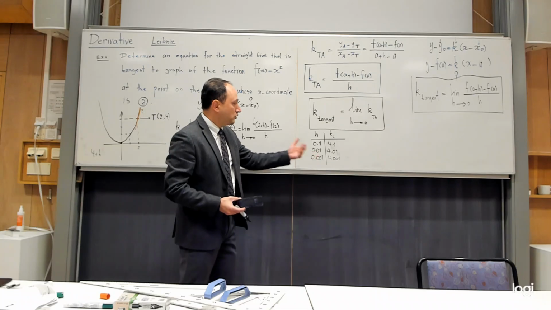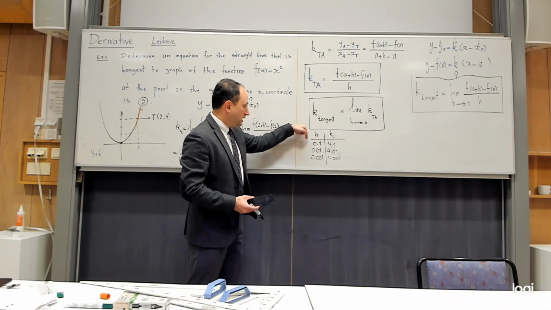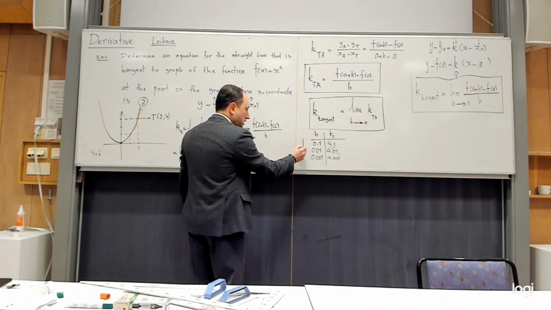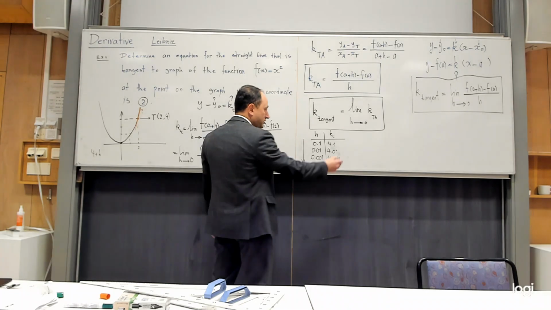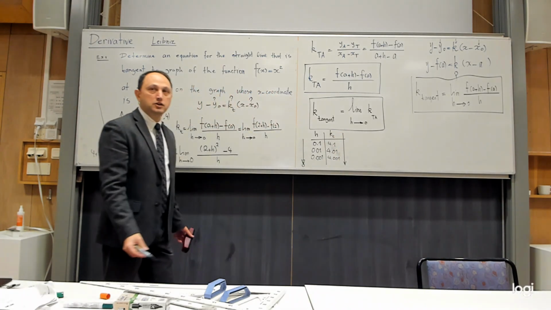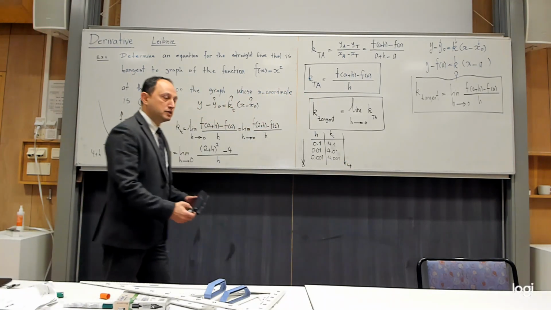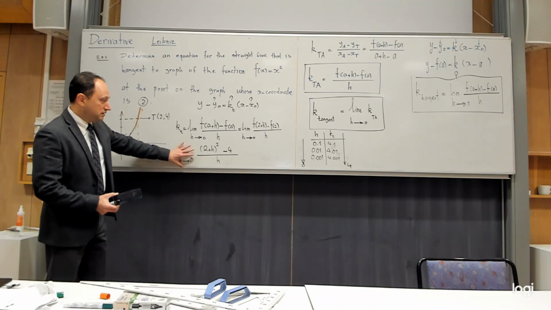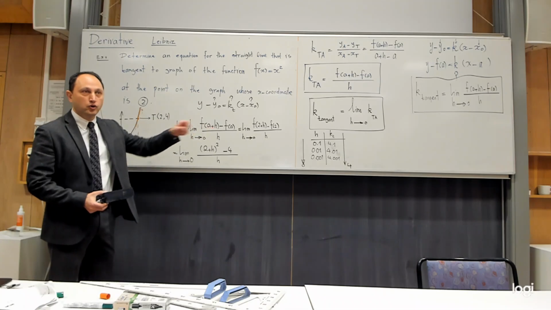So what is your intuition from these numbers? They are approaching which number? 0? To 0? But I hope you have some intuition what these numbers are approaching. 4. It should be 4. So this is the meaning of limit. The limit of this function when h is very small is 4.